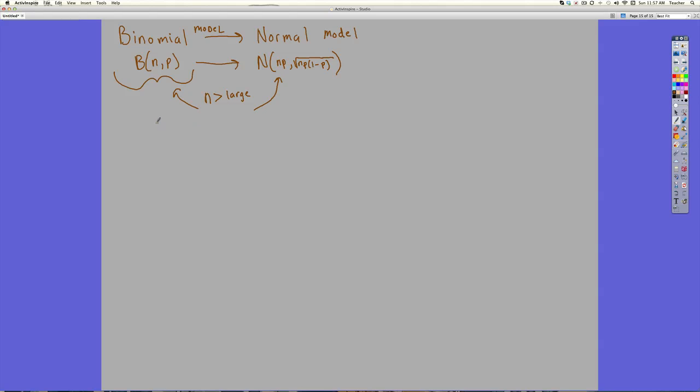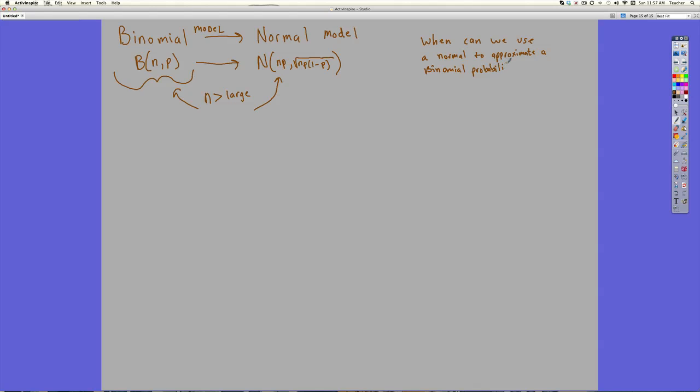Okay, so for example, let's talk about some problems. Well, first let's say, when can we use a normal model to approximate a binomial probability?